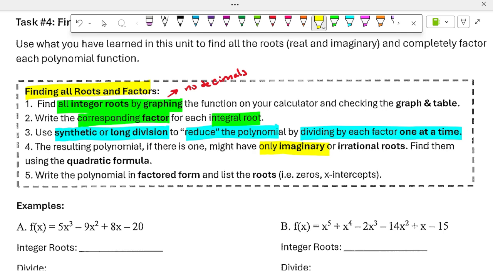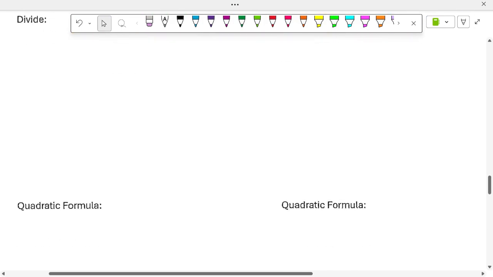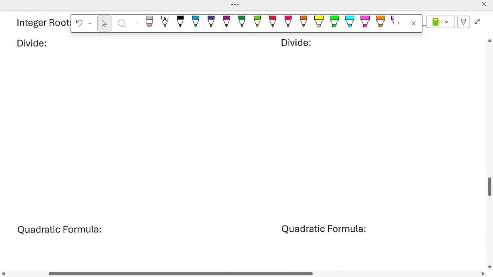That means you might have only imaginary or irrational roots, so that's where we need the quadratic formula. Then we write the final polynomial in its factored form and list all the roots. So, this is very step heavy, but we'll do it one step at a time. And the way these problems are set up, it's actually kind of divided already in the steps.